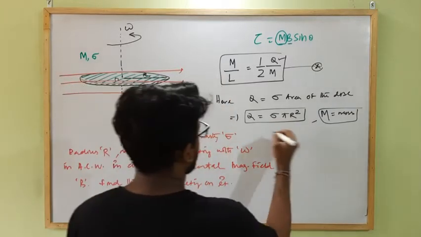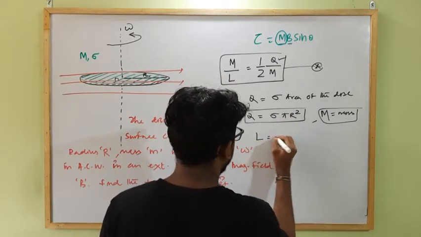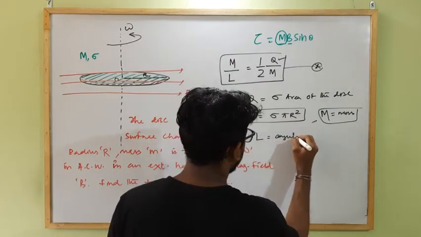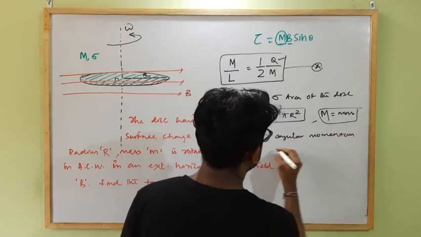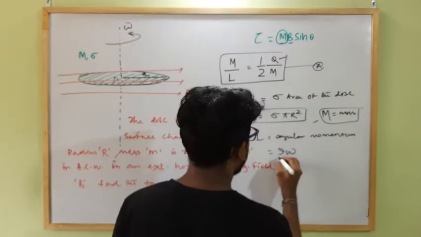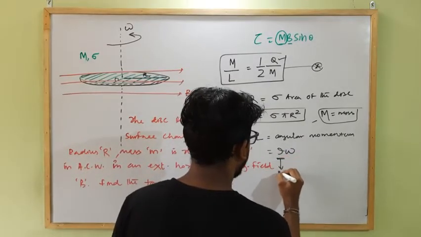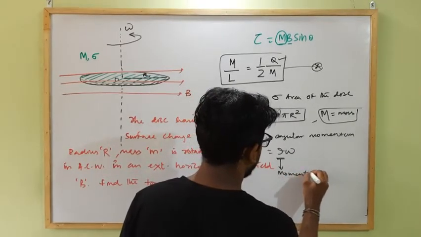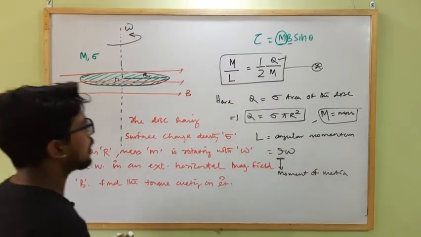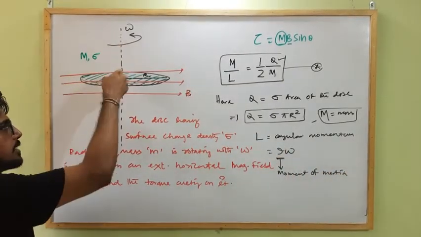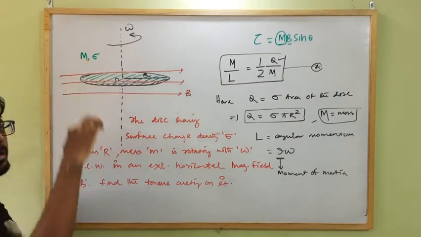So L, the angular momentum, is equal to I omega. Here I is the moment of inertia. What is the moment of inertia of a disk about an axis passing through its center of mass and perpendicular to its plane?